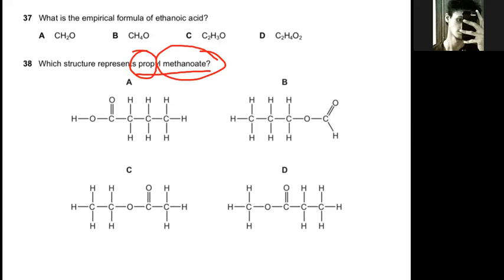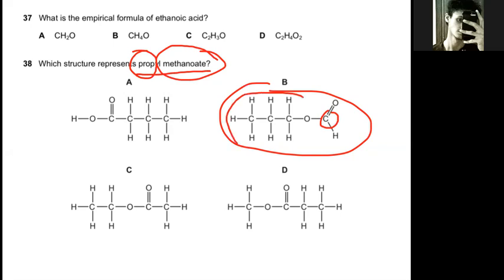So in option B, the chain with the oxygen double bond has only one carbon atom, while the other chain of the alcohol has 3 carbon atoms. So B will be propyl methanoate.